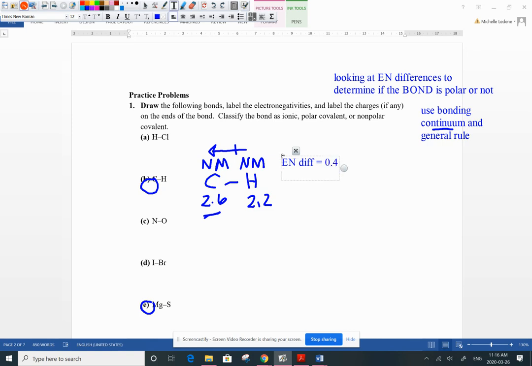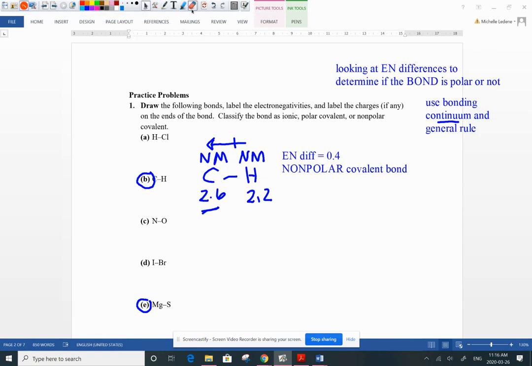And so that means this acts as a nonpolar covalent bond. So even though there is this electronegativity difference, I'm not going to show my bond dipole, because we are close enough to say that these two are sharing fairly equally.